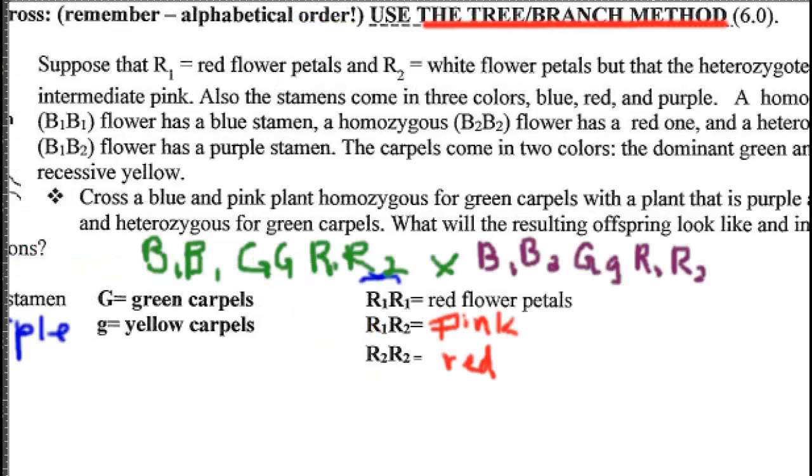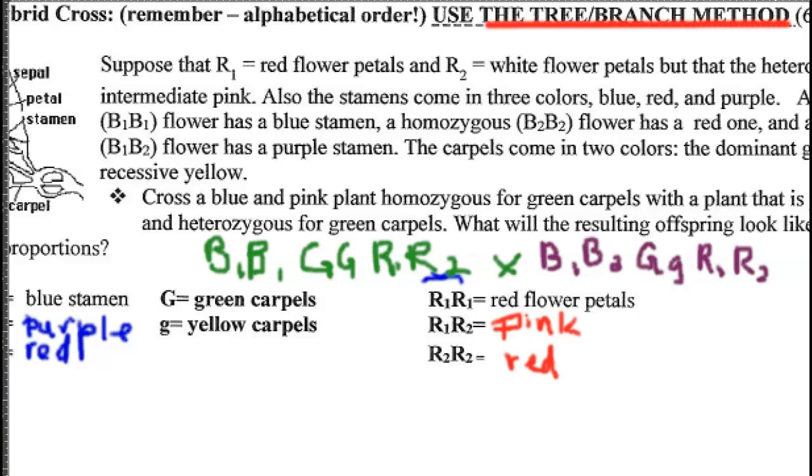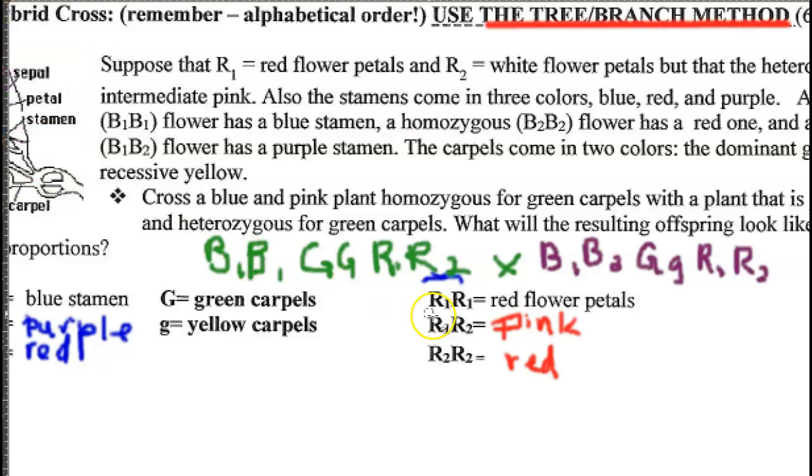Now what I'm going to be doing is 3 monohybrid crosses. And I'm going to do my first cross with the B's. Alright, so these ones, and look, I can do a shortcut. I am going to be taking that shortcut.